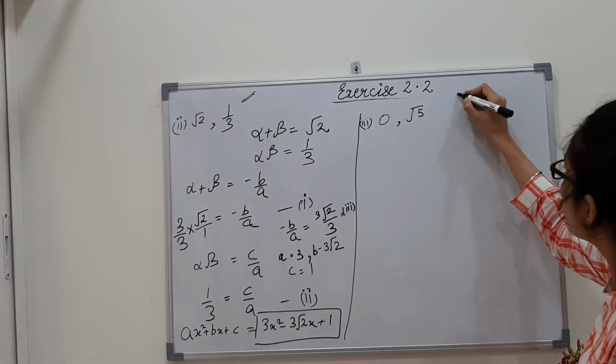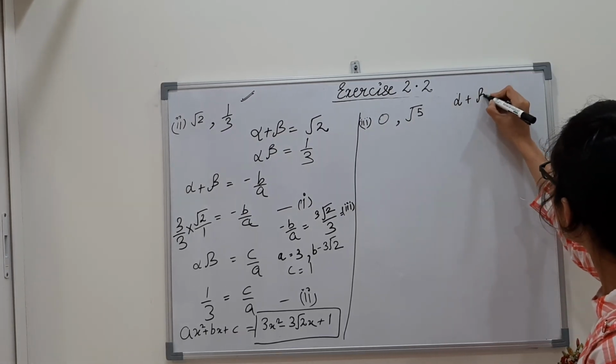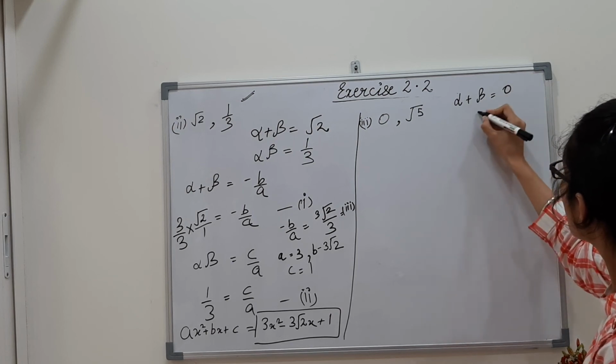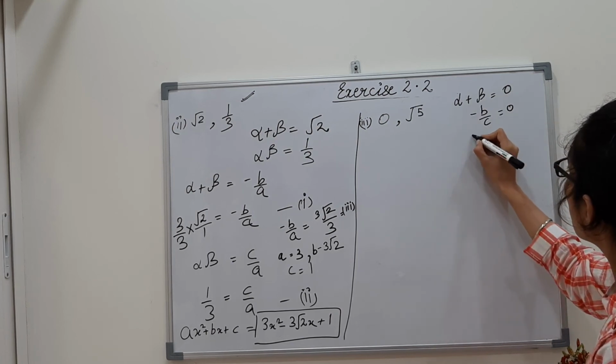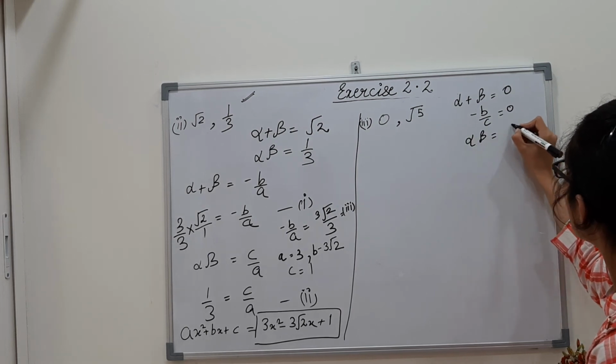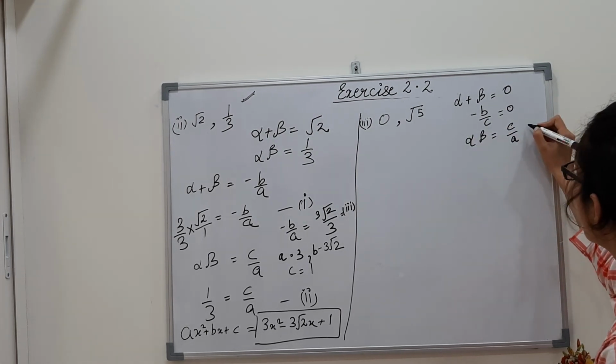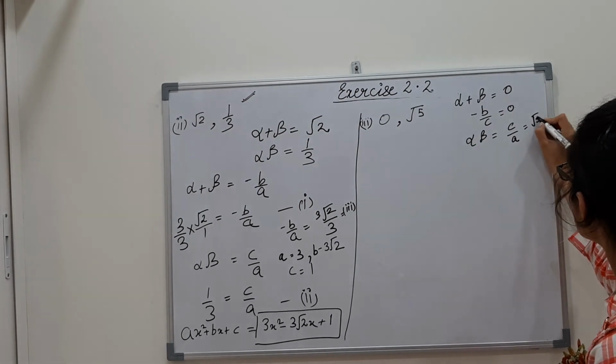Now sum of zeros, alpha plus beta, is 0. That means minus b upon a is 0. And product of zeros alpha into beta is c upon a. That is root 5.